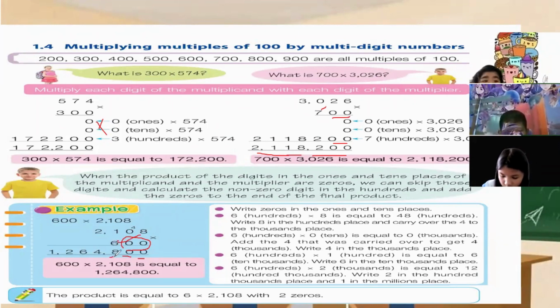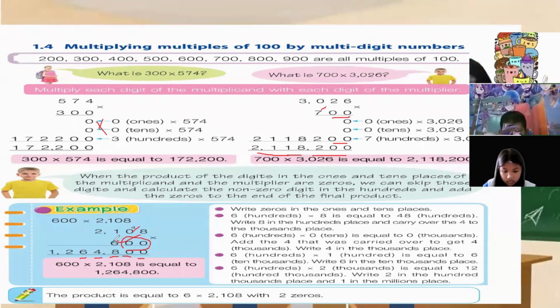So 8 we are going to write at place 100 and 4 we carry over at place 10. Now 6 into 0 is equal to 0. We have 4 carried over at the place 10. So we write down 4 at place 1000. Now 6 multiplied by 1 is equal to 6. So we write down 6 at the place 10,000.